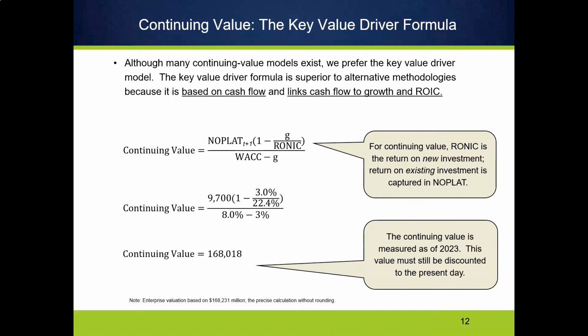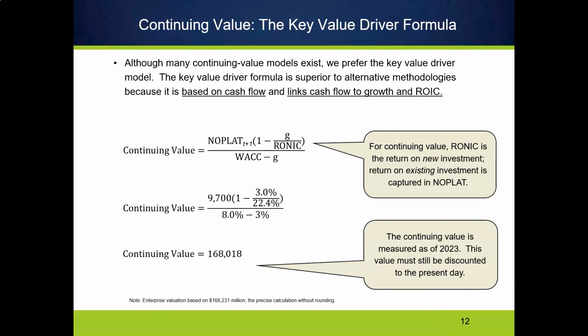So NOPLAT is going to be the same. That means our operating profit is going to be the same forever. The growth rate in cash flows is going to be the same forever. Our return on invested capital is going to be the same forever. Our weighted average cost of capital is going to be the same forever. Right? So at that point, we've stopped predicting the firm is going to change, and we're just going to say, for simplicity and mathematical sake, that the firm will stay that way forever.